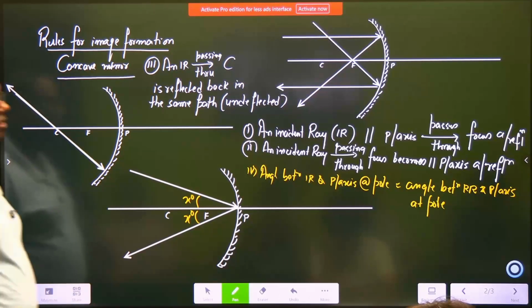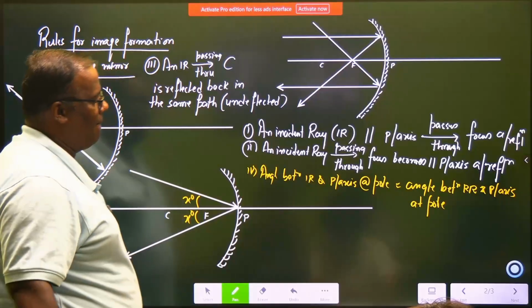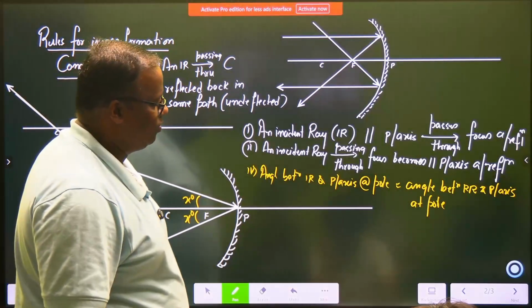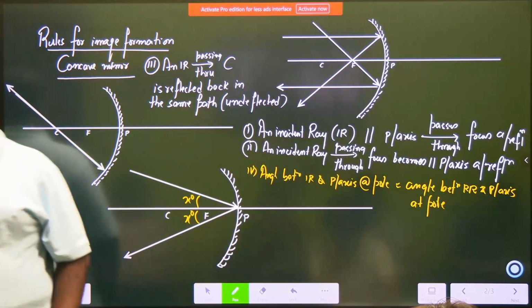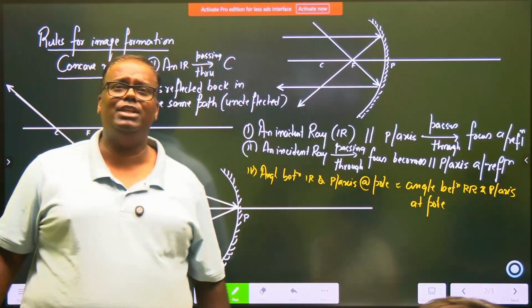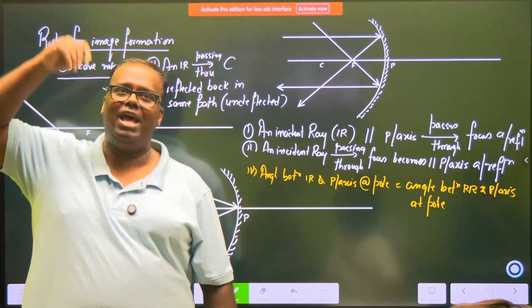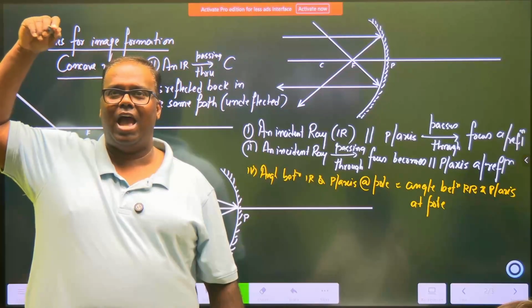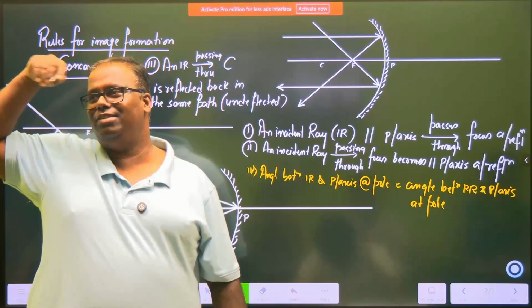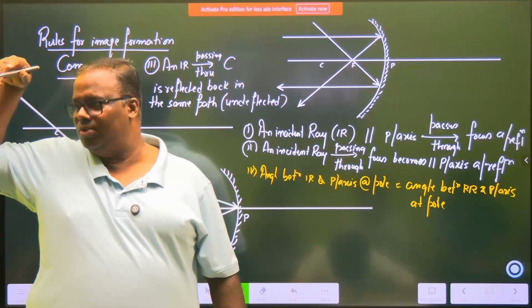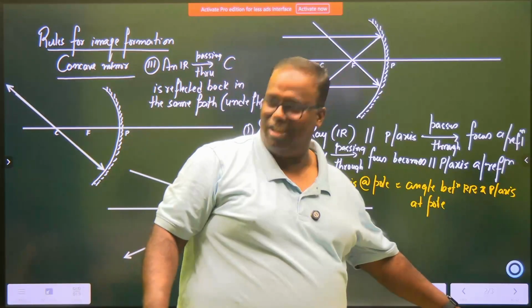Friendly neighborhood. Shall I? Yes, sir. Hey, Anurag, you're almost writing like fairy tale stories now. Like slowly. Once upon a time, there was an incident ray and the reflected ray. They lived happily ever after. Children, turn the page. Shall I?